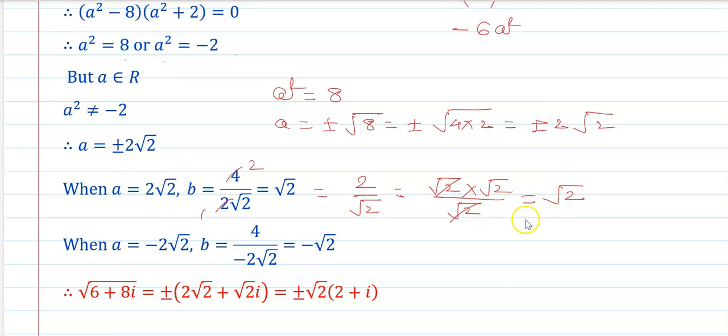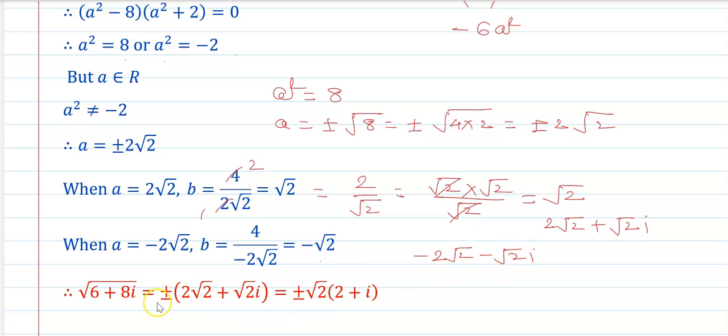So what is the first root? That is the first root is a 2 root 2 plus root 2 into i. What about the second? a is equals to minus 2 root 2. That is b is equals to 4 upon minus 2 root 2. Again, if we simplify, you are getting here minus root 2. And therefore, the second root is minus 2 root 2 minus root 2i.